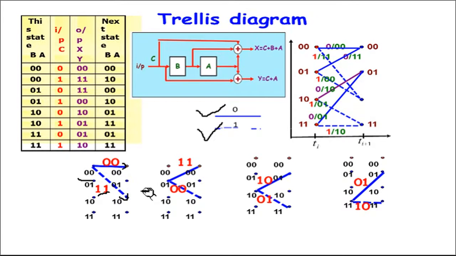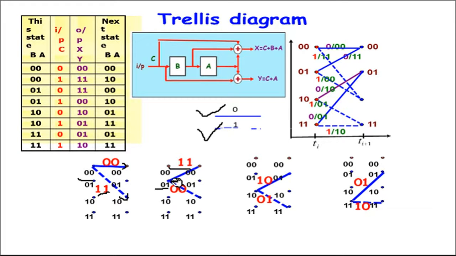The same can be analyzed for the next state. For 0 1, when the input is 0, the output bits will be 1 1 and the next state will be 0 0. See here, 0 1, when the input bit is 0, output bits are 1 1, and the next state is 0 0.